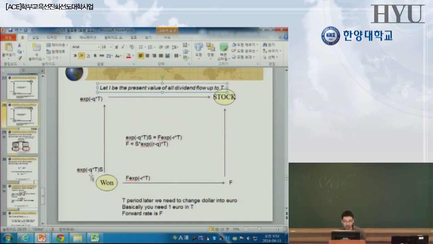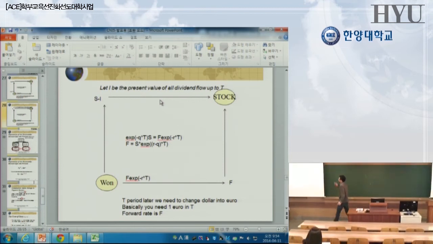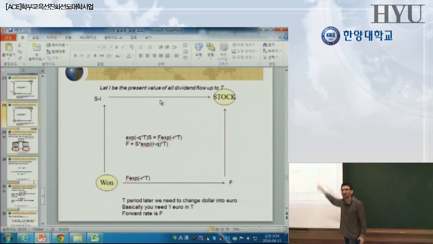Because I want to have one unit of stock at time T, but from now to T the stock generates I amount of dividend, I don't need S. I can invest only S minus I now. Because the entire future dividend flow is I, S minus I becomes one stock T times later.